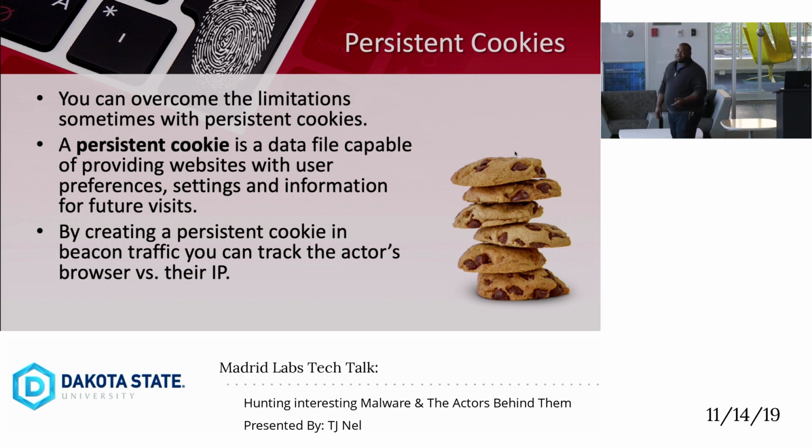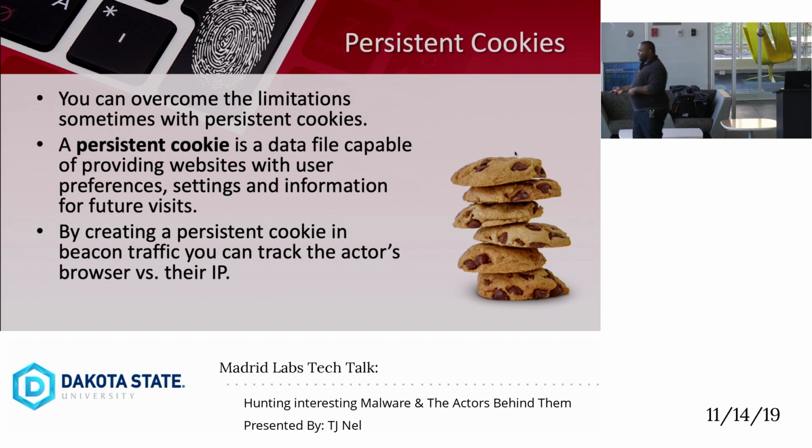Well, there are persistent cookies that are basically used to store our preferences, settings, and information for all of your future visits. When people go and try to get a web resource from you, you can tell their browser to create a persistent cookie and record that information. Why that's really good is that when they go on a VPN, they're probably using the same browser, so that persistent cookie is going to be the same.